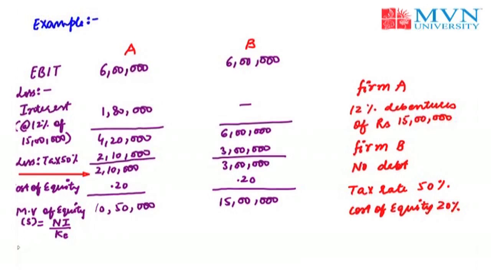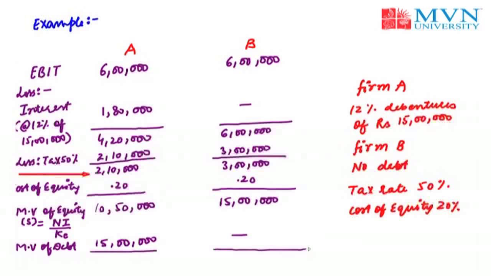And we already know that the market value of debt for the firm A is 15 lakhs and the firm B doesn't have any debt. That's why the market value of debt for the firm B will be nil.